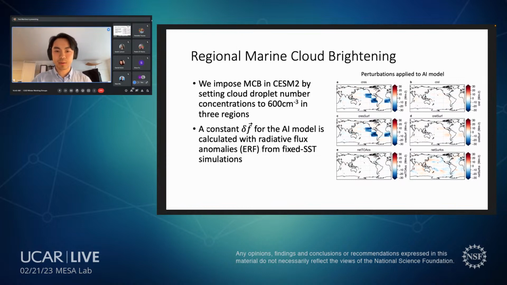And so you can see them here in panels A and C, which are CRES, the cloud shortwave radiation anomalies. We're increasing CDNC in the subtropical Northeast Pacific, Southeast Pacific, and Southeast Atlantic. And then we obtain the radiation anomalies that we impose in our AI model from fixed SST simulations in CSM2. And this is the delta F that we impose in our AI model. Next slide, please.